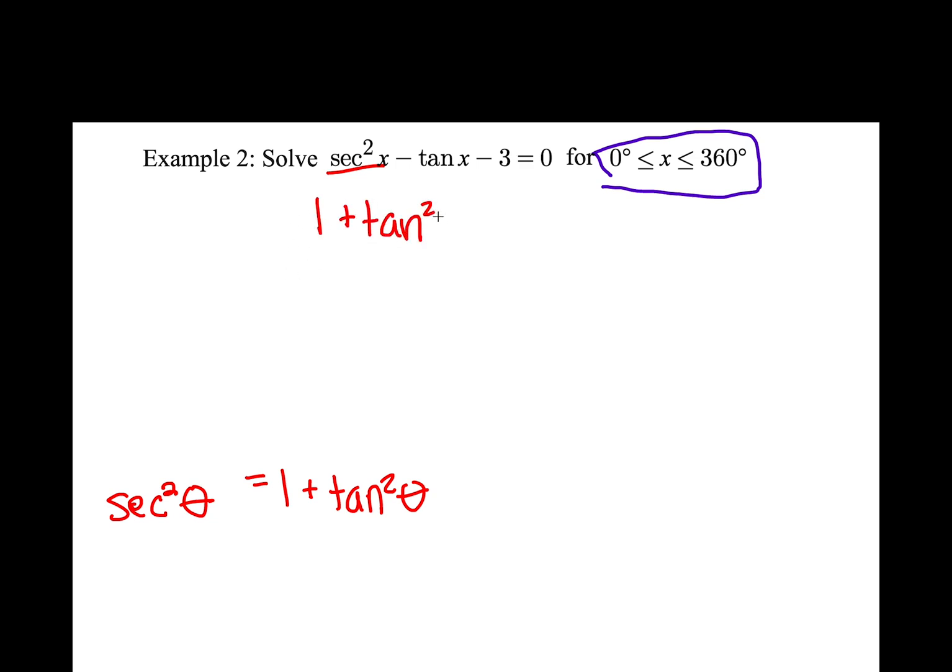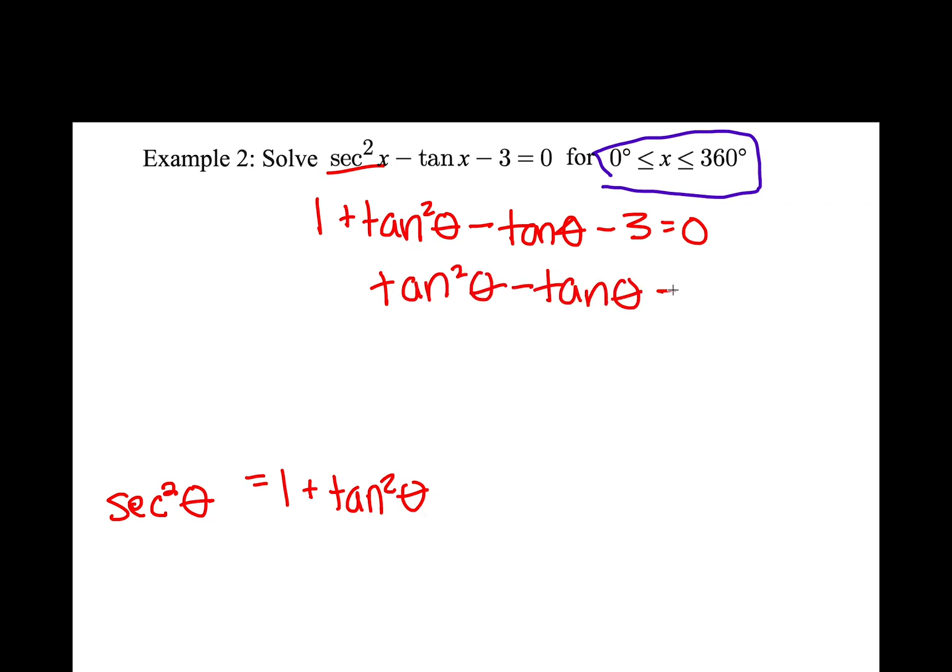So 1 plus tan squared theta. Sorry, I interchanged x and theta. It doesn't matter if you do or not. Secant, or 1 plus tan squared theta minus tan theta minus 3 equals 0. So before we can factor our quadratic, we need to combine the constants. 1 minus 3 is negative 2.